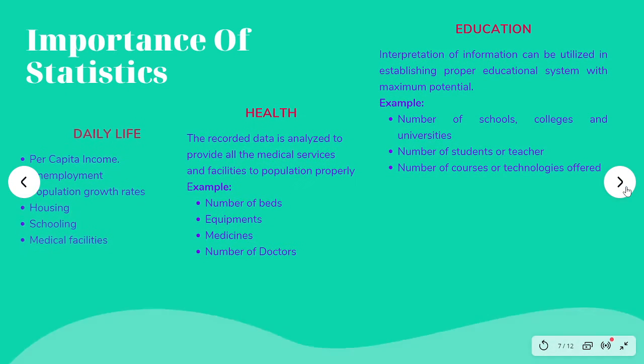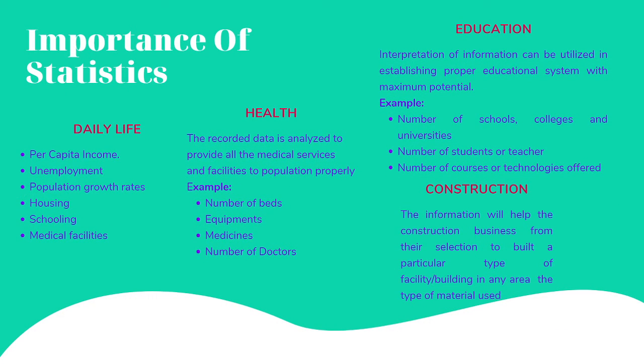Now, why is it important to study or to know about statistics? For example, in our daily life, when we talk about per capita income, unemployment, population growth rates, housing, schooling, medical facilities, all the decisions, rules, and regulations are made on the basis of the recorded data and the information after proper analysis of the data.